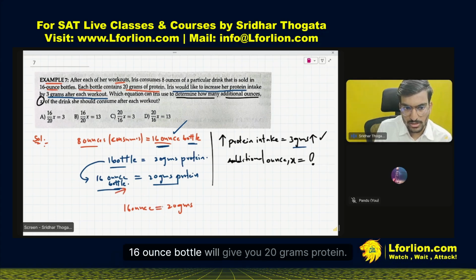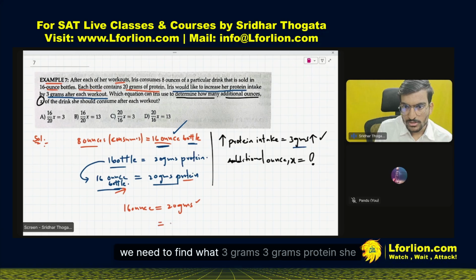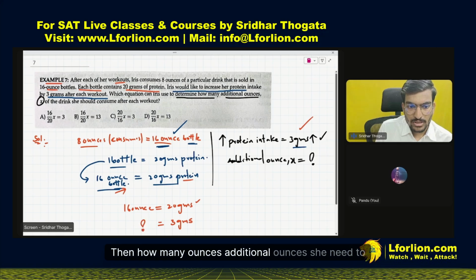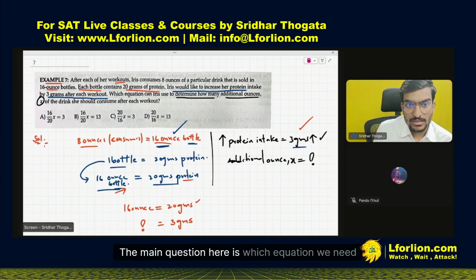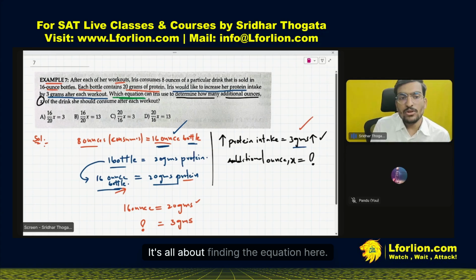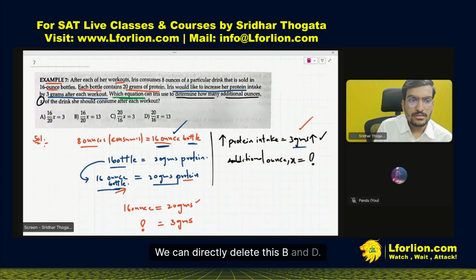A 16 ounce bottle will give you 20 grams of protein. We need to find, for 3 grams of protein, how many additional ounces she needs to take. The main question here is which equation. We need not get the additional ounces exactly. It's all about finding the equation, A, B, C, D. We can directly delete B and D, but I'll tell you after solving.